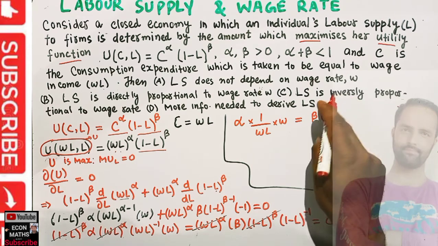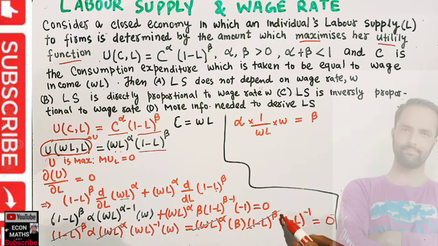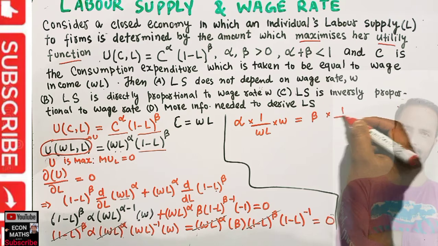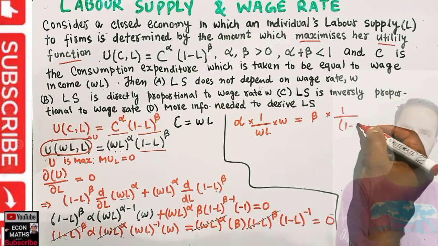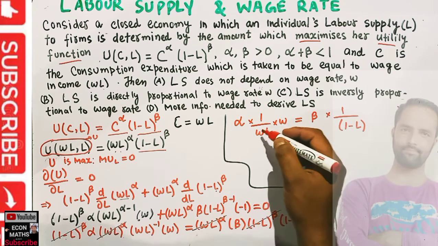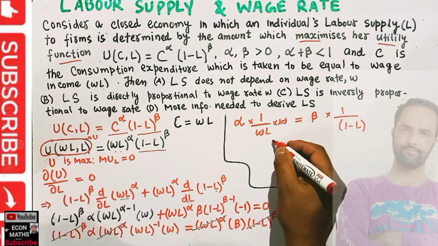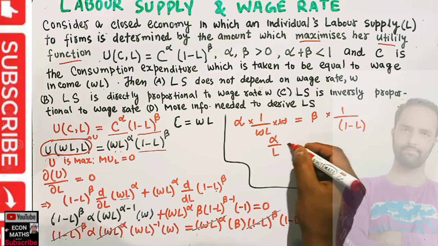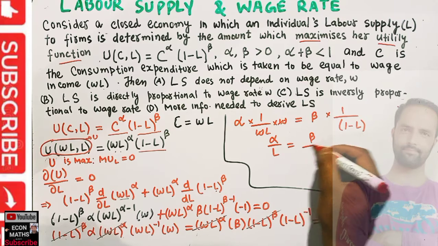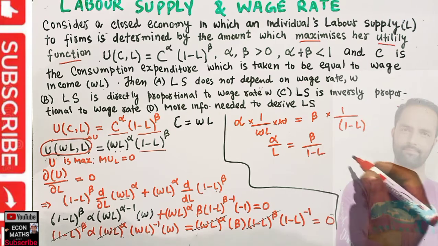Then we have beta times (1 minus L) to the power minus 1, which can be written as 1 upon (1 minus L). So W cancels, and we are left with alpha upon L is equal to beta upon (1 minus L).